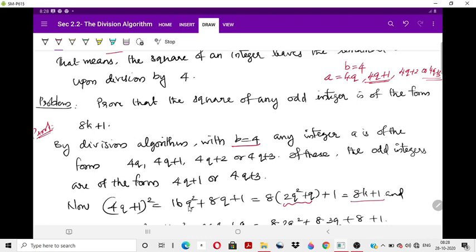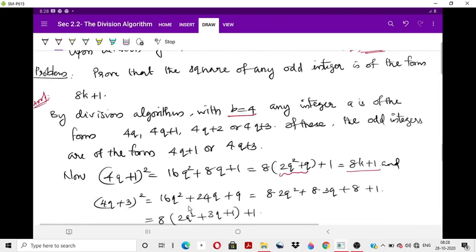is 8k plus 1. Similarly, we consider the odd integer 4q plus 3. So 4q plus 3 all square, when we expand it, we will get 16q square plus 24q plus 9. We can write it as 8 into 2q square plus 8 into 3q, and 9 we can split as 8 plus 1.